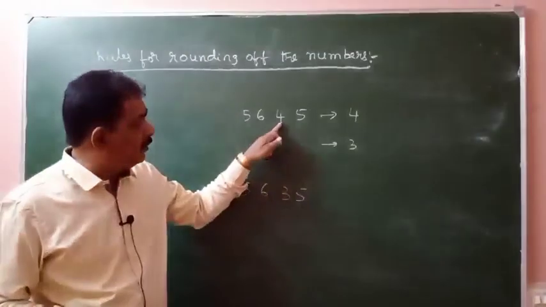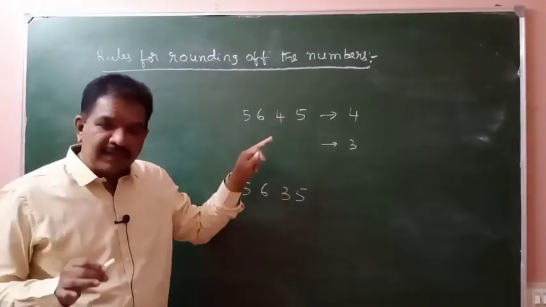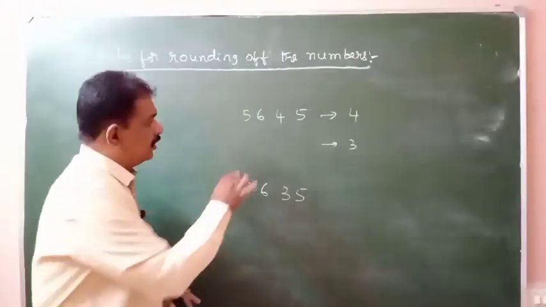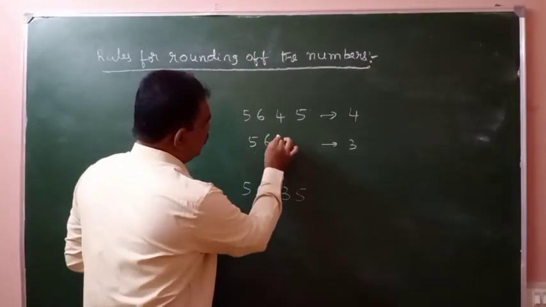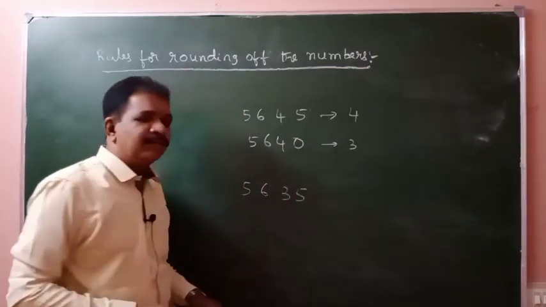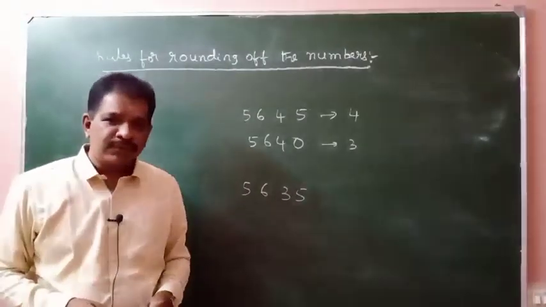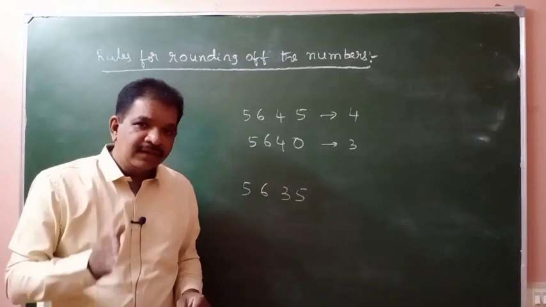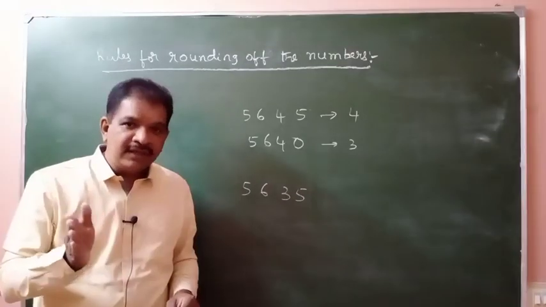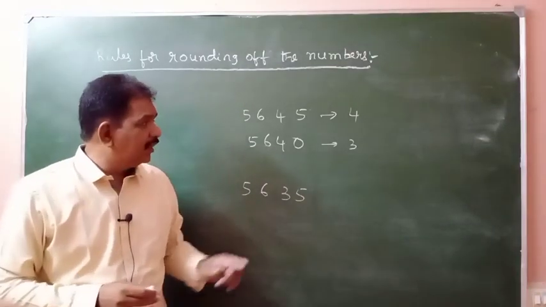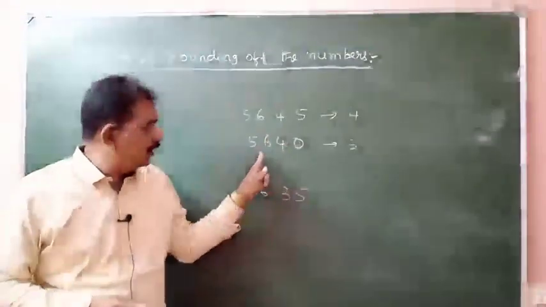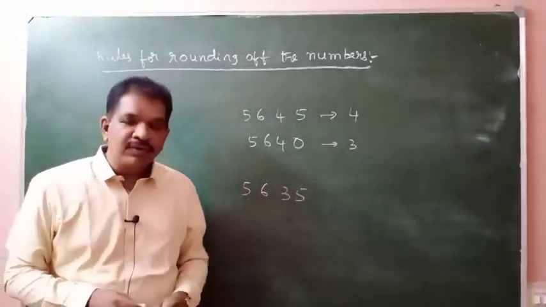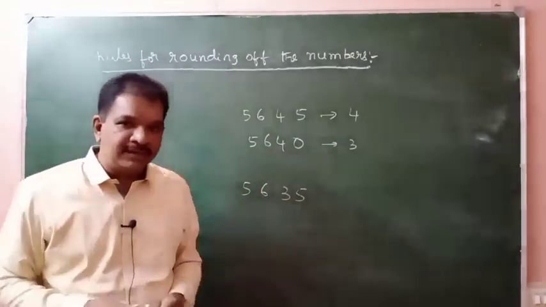Here this 4 is an even number, so no change will happen. So it becomes 5640. Once again listen. If the discarding digit is 5 and the preceding digit is even, there is no change, no need to change the preceding digit.